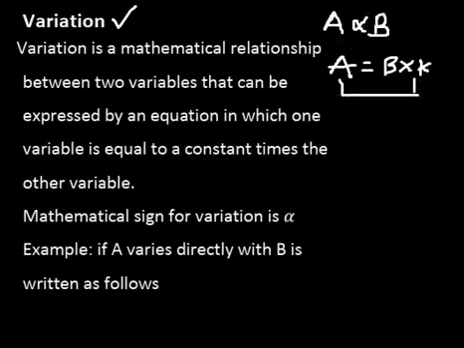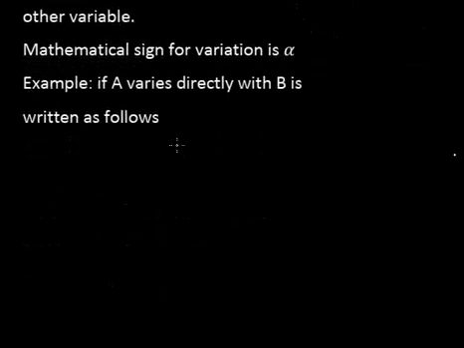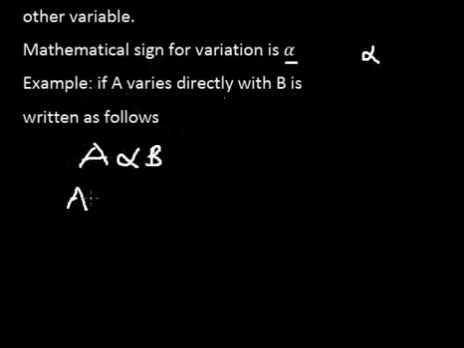Now, the mathematical sign for variation is this, so we use this for variation. For example, if A varies directly with B, then for me to change the variation sign into an equal to, I must introduce a constant. That is how we express variation.